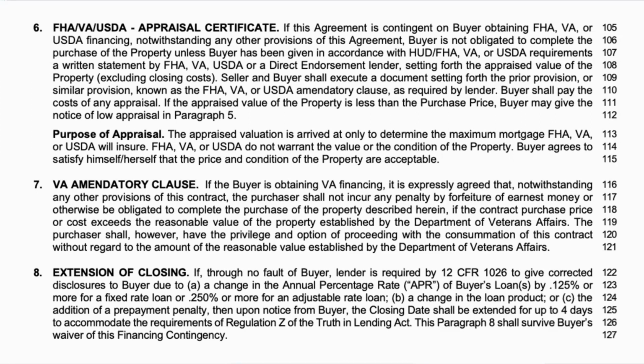And there's always this extension of closing that has not changed. That just gives that buyer peace of mind when it comes to making sure that they've been given proper disclosures on all of their loan information, and extending if necessary to accommodate things like rate changes or anything that a lender needs to redisclose to them.